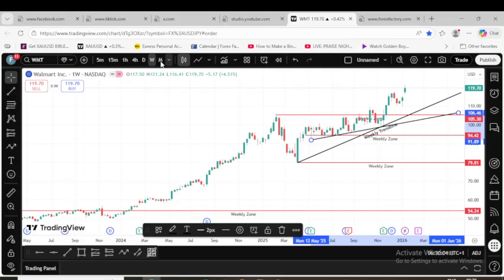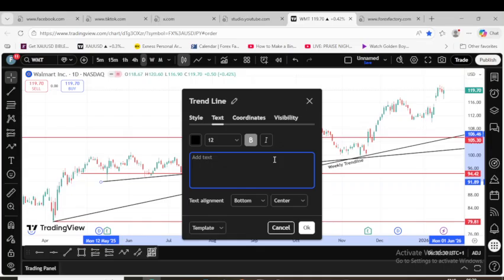Okay, so you can see the price has bounced once, twice, 3 times, 4 times, 5. So this becomes a very, very valid trend line. Sorry, that's our daily trend line.